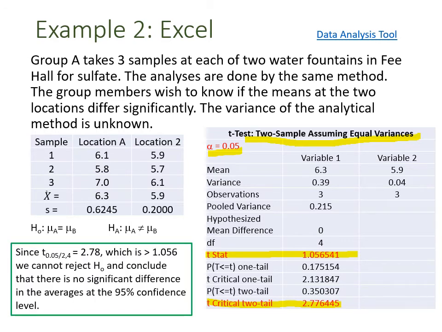So again, we have shown that the experimental t-value is less than the critical t-value, so we cannot reject the null hypothesis, and we conclude that there is no significant difference in the averages at the 95% confidence interval.